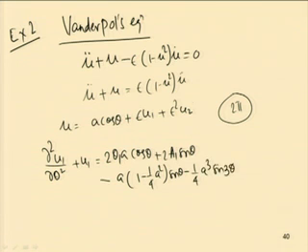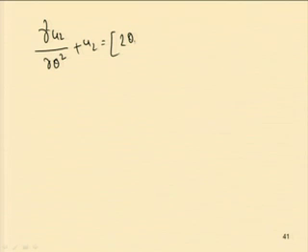Similarly, the second equation can be written in this form, that is del square u2 by del theta square plus u2 will be equal to 2 theta 2 plus theta 1 square into a minus a1 into del a1 by del a.